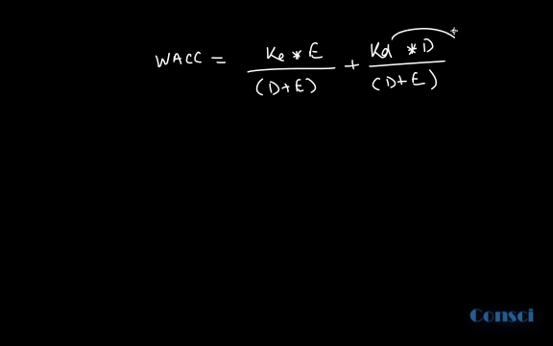Mostly this is taken as KD into (1 minus T) because of the tax advantage of having debt on the balance sheet. Now debt and equity over here are considered at market value. In the Indian context, debt is mostly not traded, so this value is considered as book value of debt. So that is how you will calculate weighted average cost of capital. This weighted average cost of capital is predominantly used to discount the free cash flows to firm of the company.